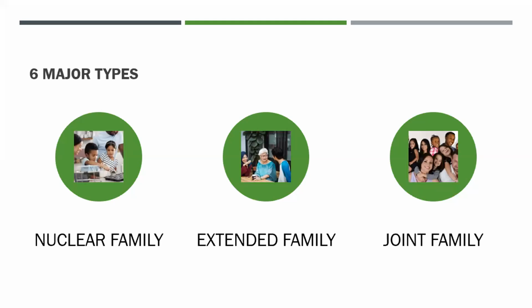So the extended family is the most common type of family in the world. The extended family includes at least three generations: grandparents, married offspring, and grandchildren. The strengths of extended families are things like respect and care for the elderly are valued and important.